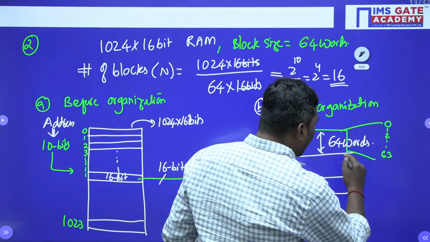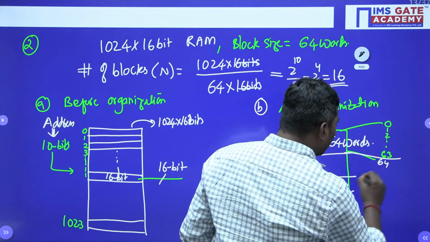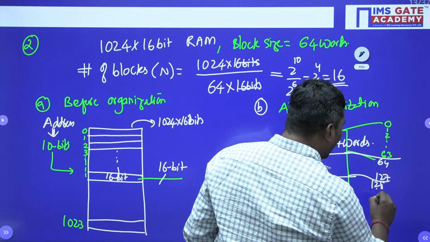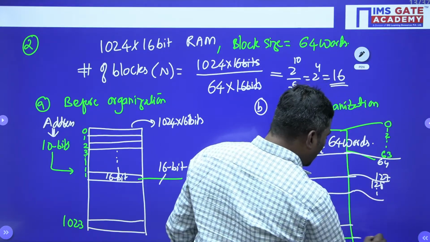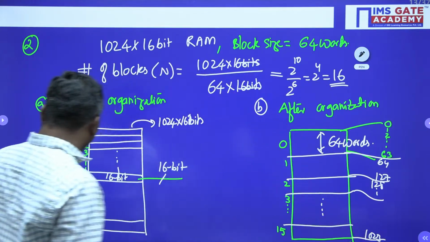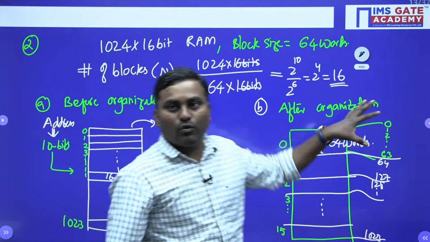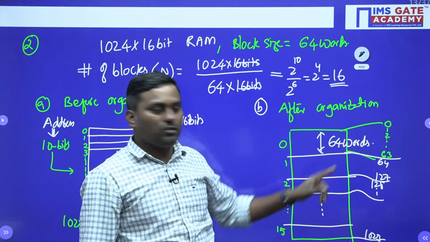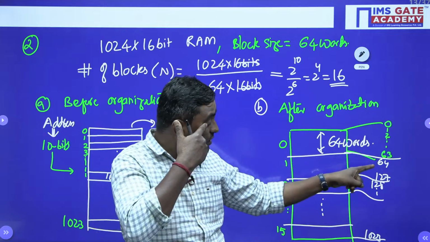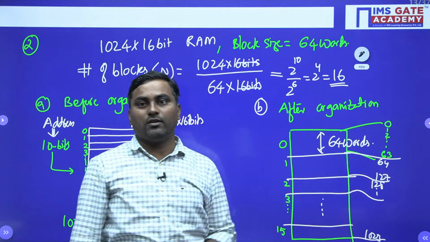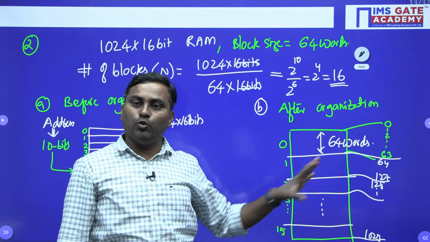The next block starts from 64 to 127, and the next from 128, and like this. The last word will be 1023, because the total is 1024, right? So 1024 words are arranged in terms of blocks. The block ranges are 0 to 63, 64 to 127, 128 and so on. Correct? I hope you understand.